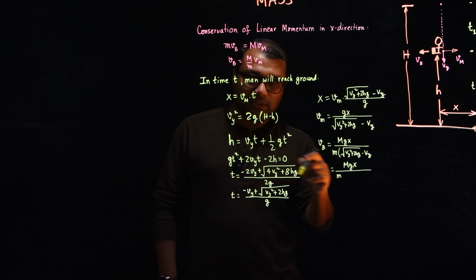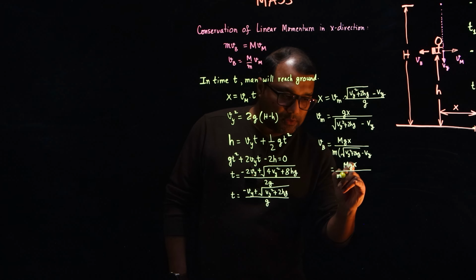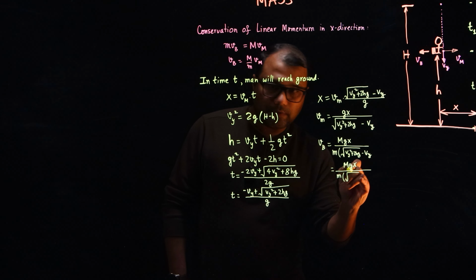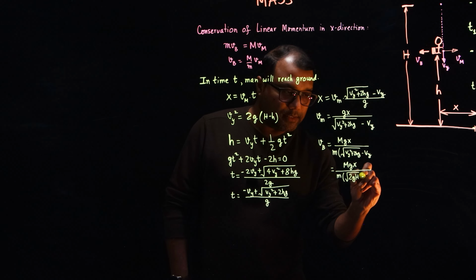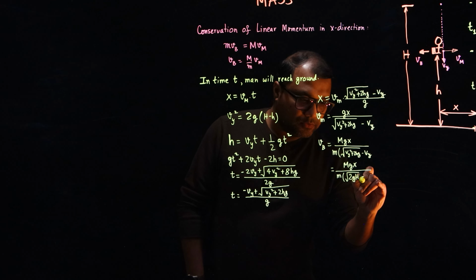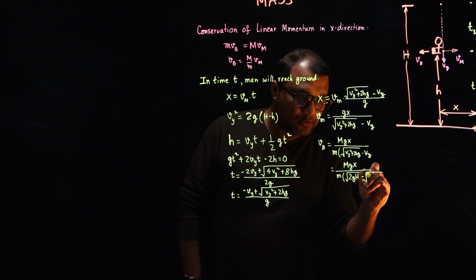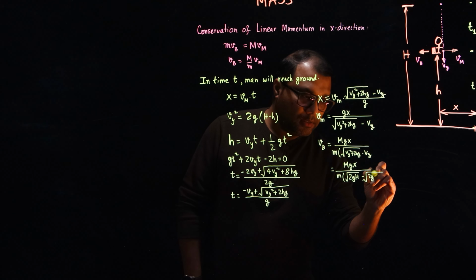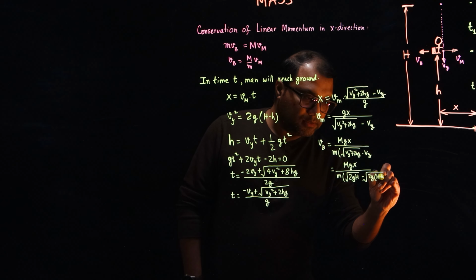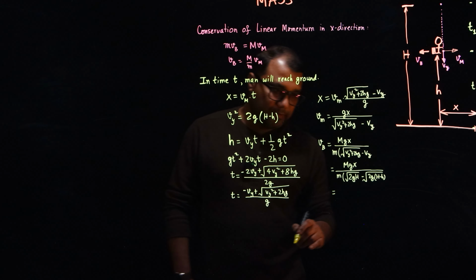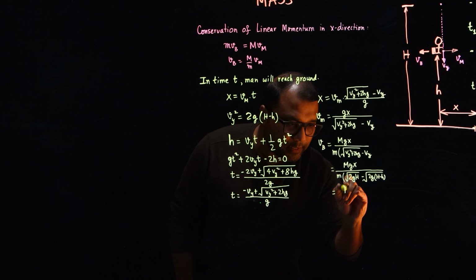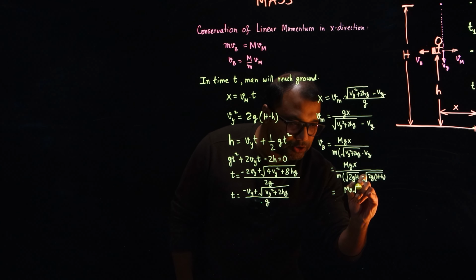So the 2gh will get cancelled. This will become root over 2g capital H minus Vy, which is root over 2g times H minus h. We can simplify a little bit further.